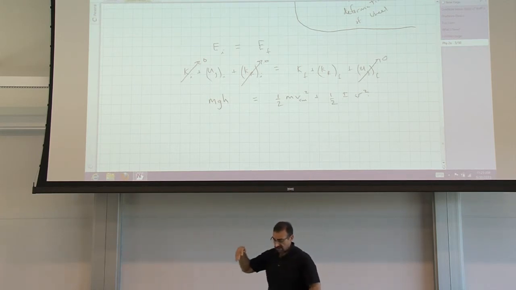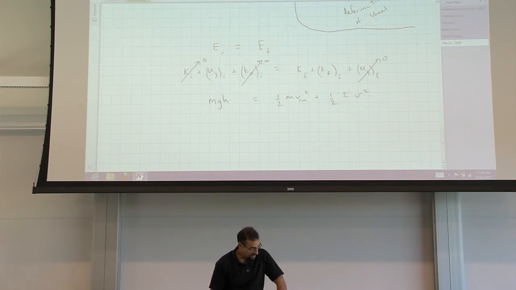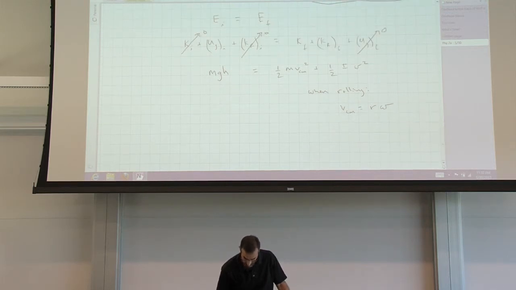There's a relationship between omega and v when something is rotating, right? We talked about that yesterday. V equals r omega, right? The velocity of the center of mass for rolling motion is r omega. So we can substitute in here omega, that is v center of mass over r.